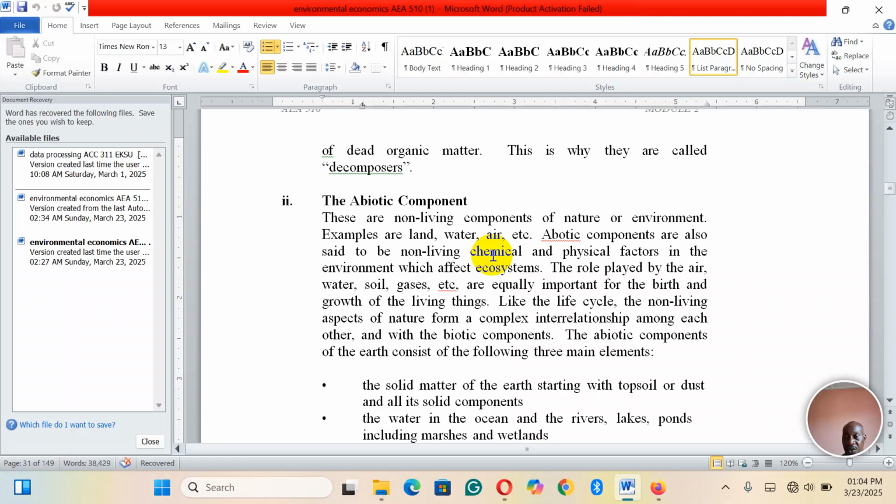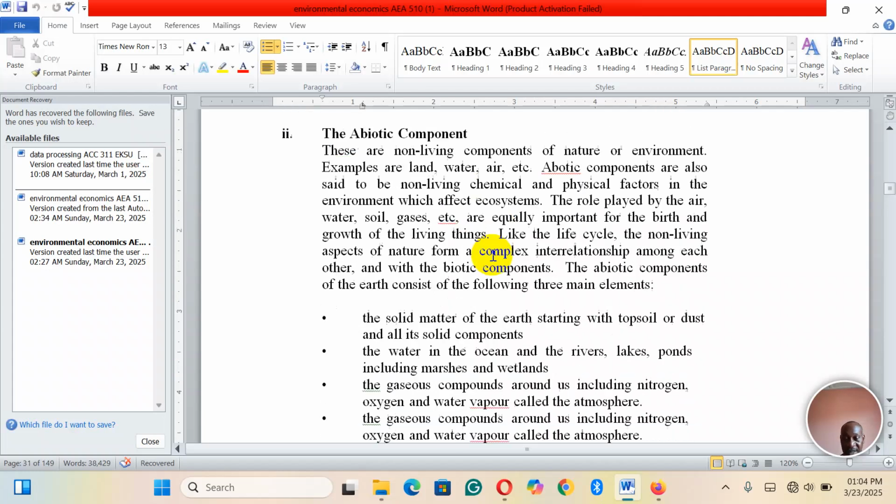The roles played by air, water, soil, and gas are equally important for the birth and growth of living things. Like the life cycle, the non-living aspects of nature form a complex interrelationship among each other with the biotic component. The abiotic component of the earth consists of the following three main elements.